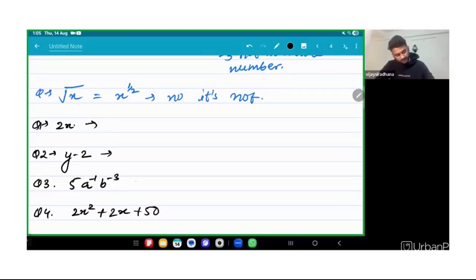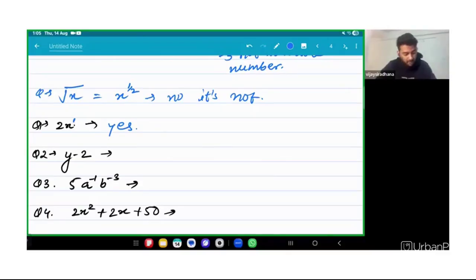Now, what do you think? Is it a polynomial or not? So yes, question number 1 is correct. Yes, it's a polynomial because x to the power of 1 is there and 1 comes under the category of whole numbers.